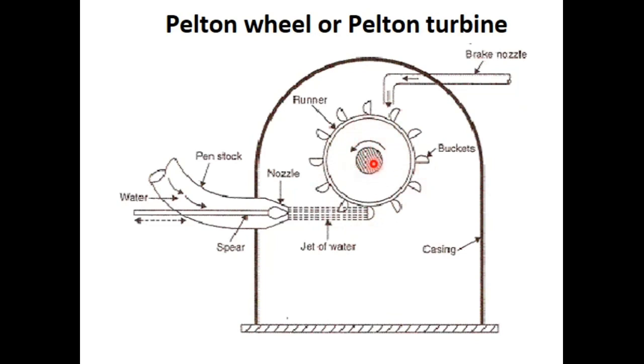This is called the eye of the impeller, at which the shaft is connected. When this turbine rotates, the attached shaft also rotates. This is a casing which does not allow the water to go out of the setup, and at the bottom of this setup the draft tube is provided.